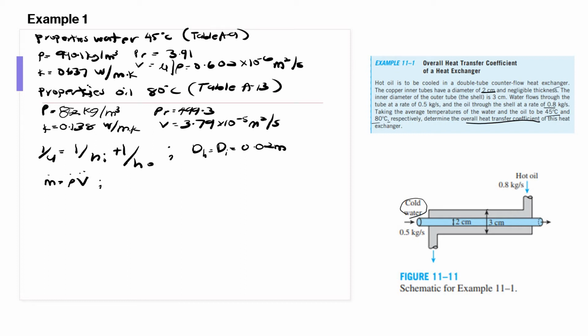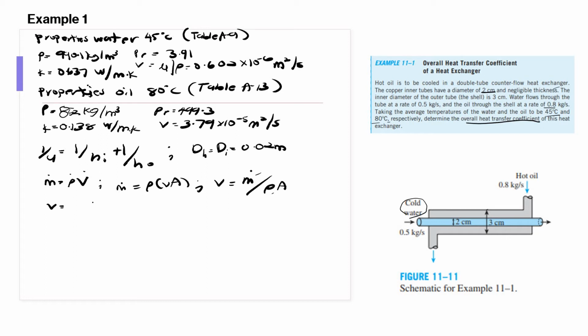We have the mass flow rate and the volumetric flow rate, and I expand the volumetric flow rate as velocity times A. So in order to get velocity, we get the formula like this: velocity equals m over rho A. All the information here, mass flow rate, density, and also area, we need to calculate first.